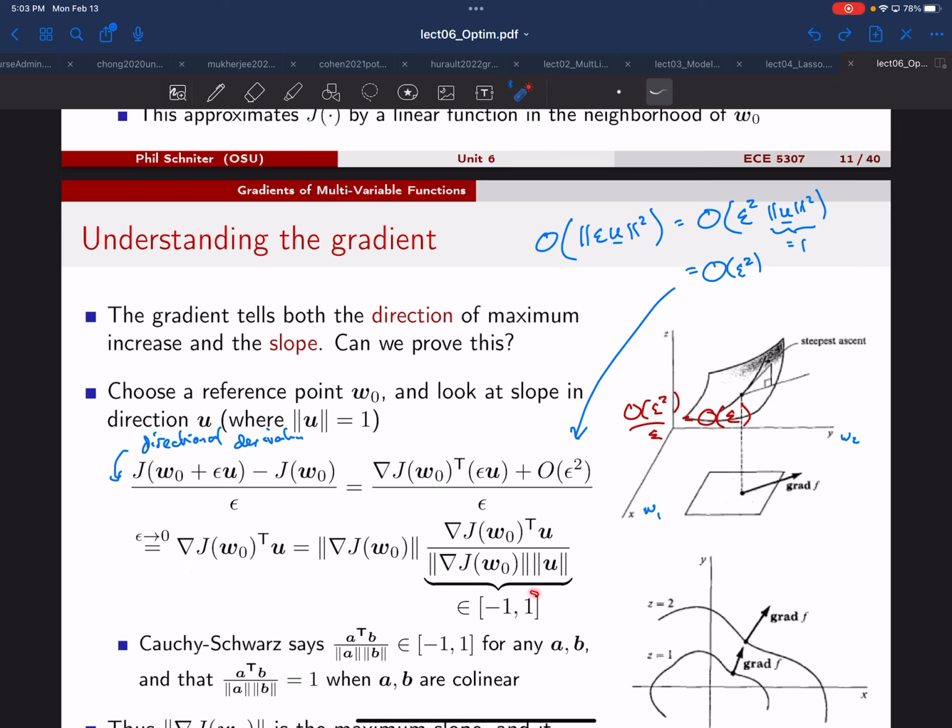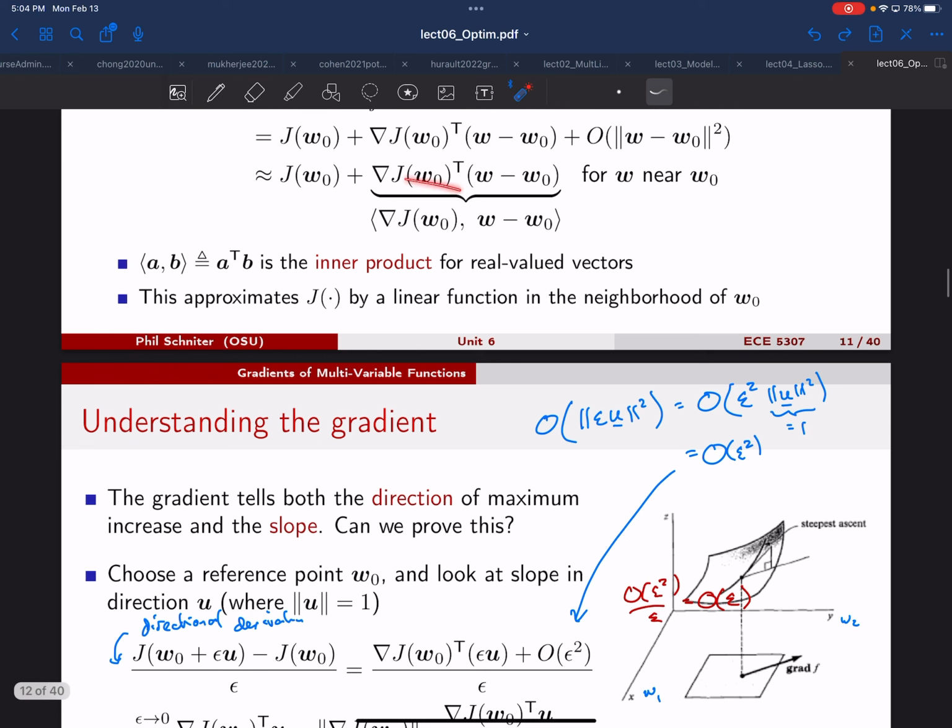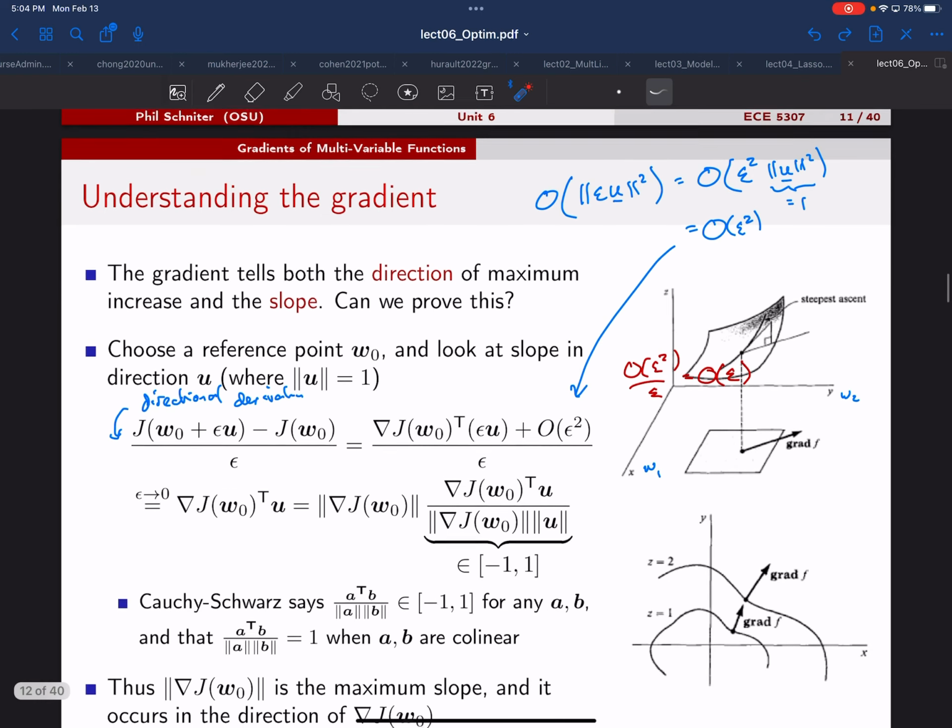That occurs when this term is 1, and the way to make that term 1 is to make u collinear with the gradient. So make u point in the same direction as the gradient, and that is how you move uphill. That's why I've been telling you that the nice way to interpret the gradient is that its direction tells you where to go uphill. Now we can finally see this concretely using this little derivation.